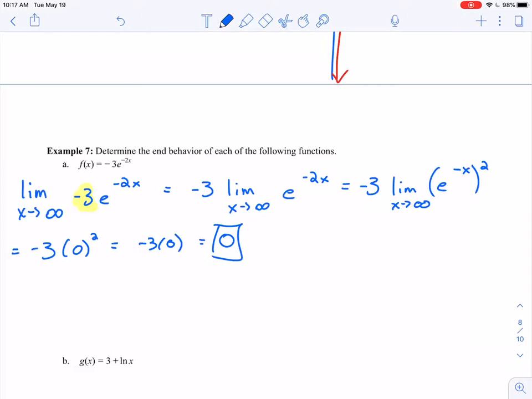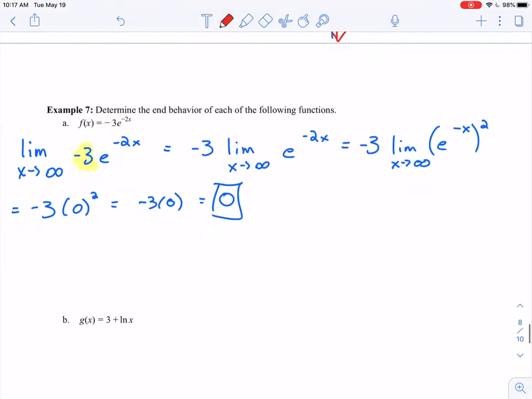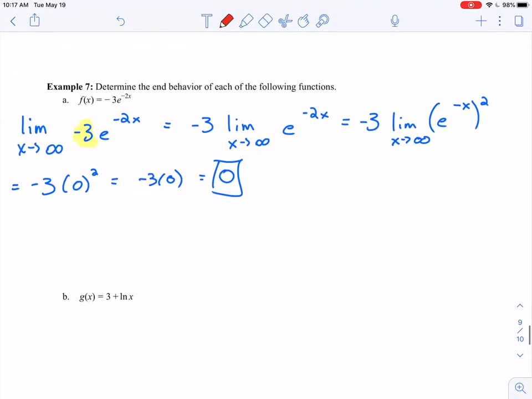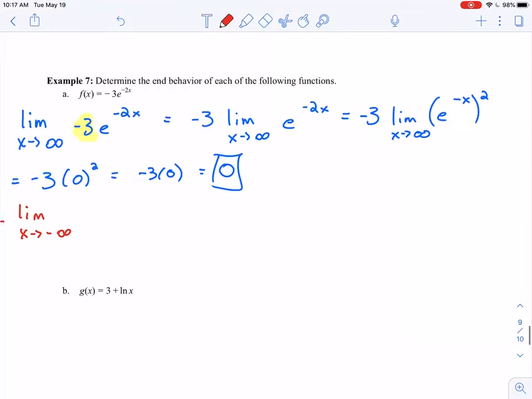So that is my right-hand end behavior. I also need to talk about the left-hand end behavior. Because this is an exponential function, I'm going to look at the limit as x approaches negative infinity here. And a lot of the same tricks we just used for the right-hand end behavior we can do here. So maybe before I even get started, I'm going to factor that negative 3 out.